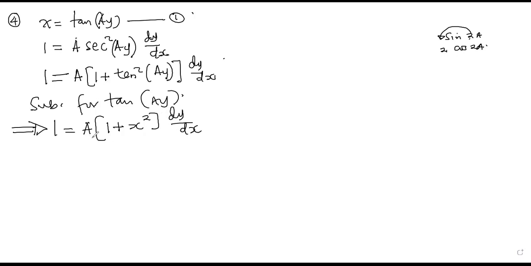This one can give us the value of a. So the value of a would be 1 over 1 plus x squared, dx dy. I'm dividing both sides, so the dx will move up, dy will move down on a division. So this is what I am having.